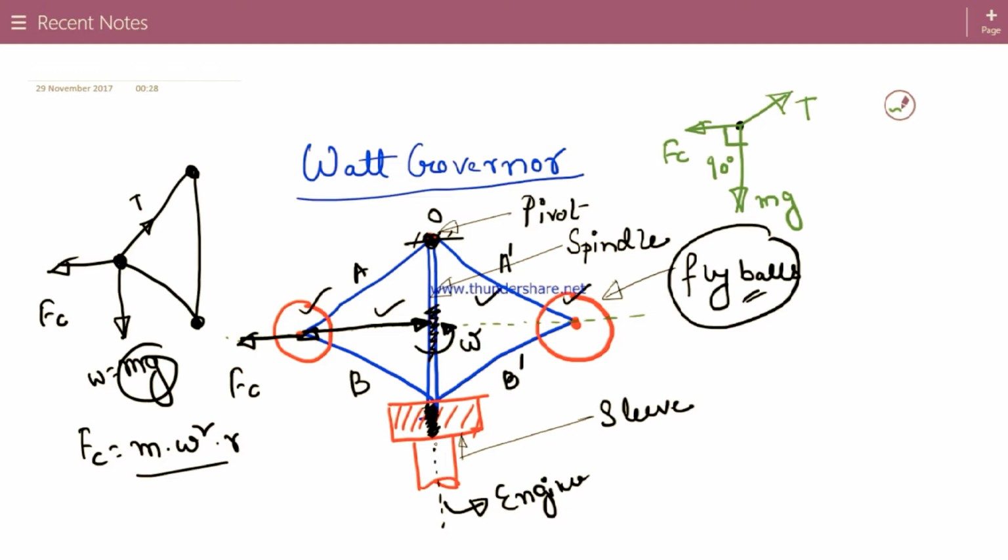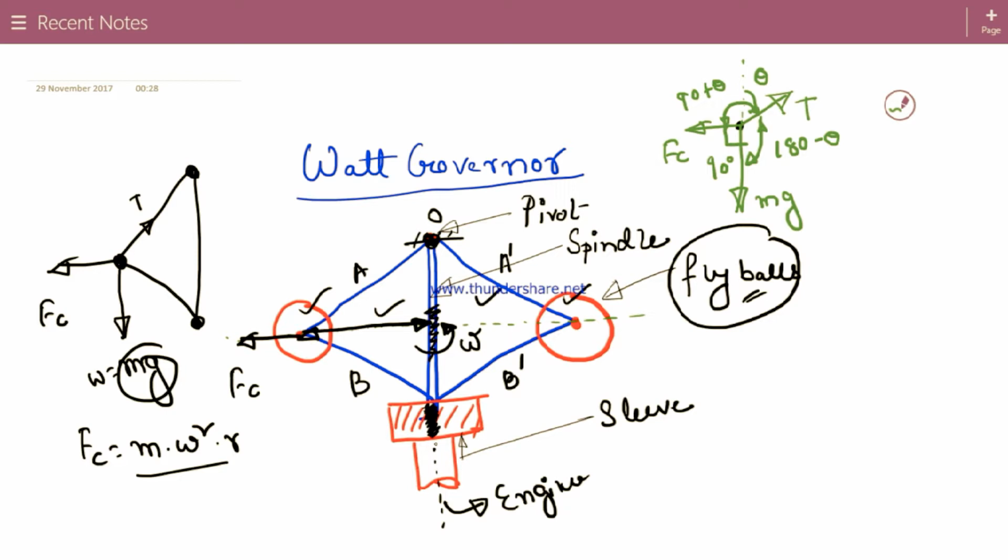If we extend it, suppose this angle is theta. Then this angle is 180 minus theta, because the entire angle is a straight line angle. The angle between Fc and T, the tension, will be 90 plus theta. So there are three angles and three forces.